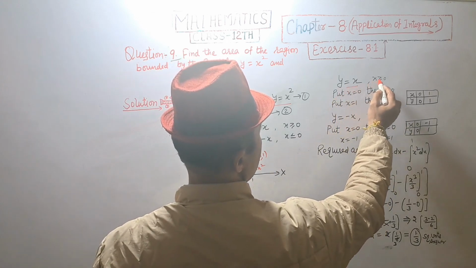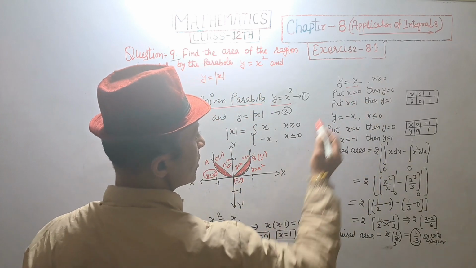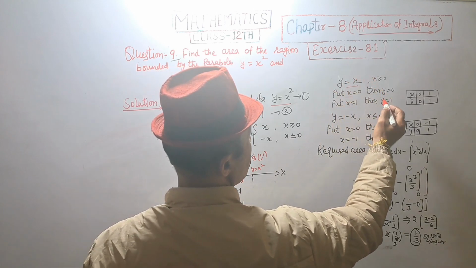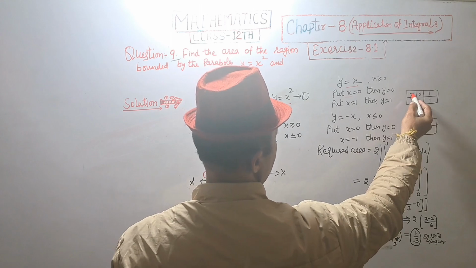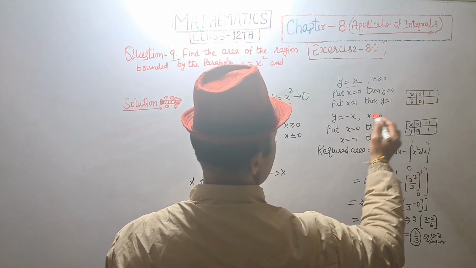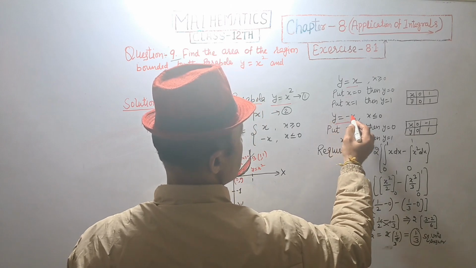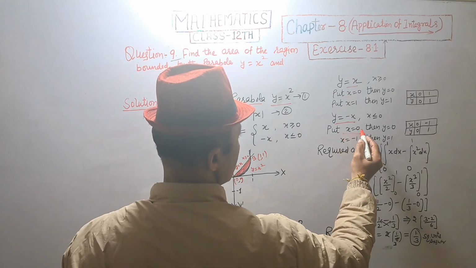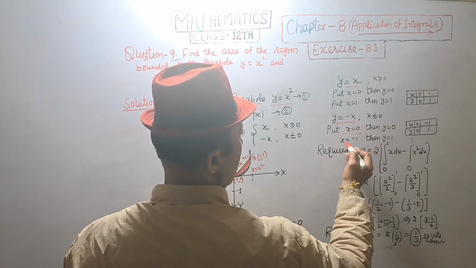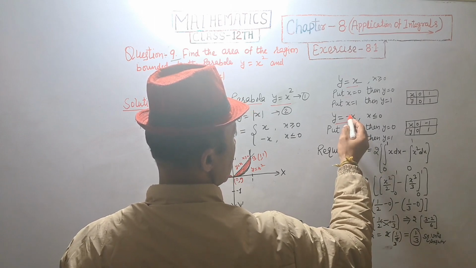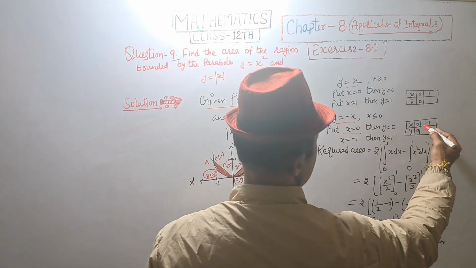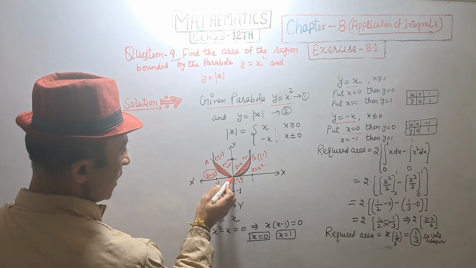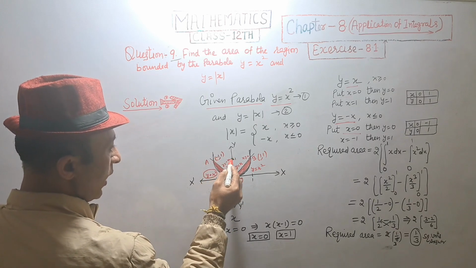For y is equal to x, x greater than or equal to 0, we put x is equal to 0, then y will be 0, and when x is equal to 1, then y will be 1. And when y is equal to negative x, x less than or equal to 0, we put x equal to 0, y will be 0, and x equal to minus 1, then y will be plus 1. And points are x, y: 0, 0 and minus 1, 1.